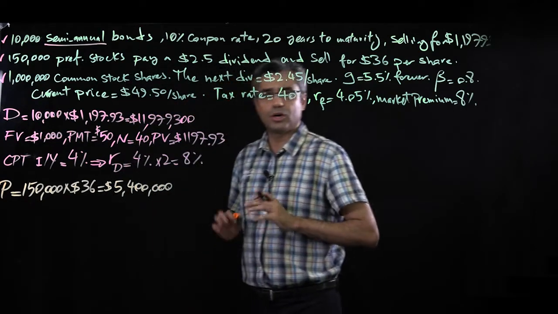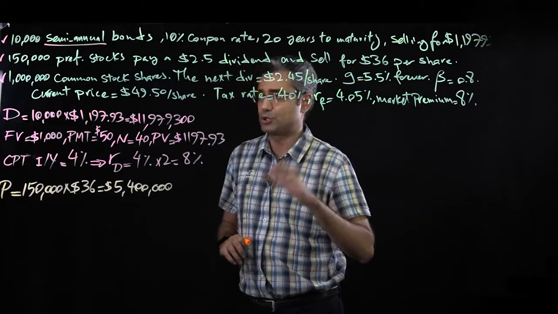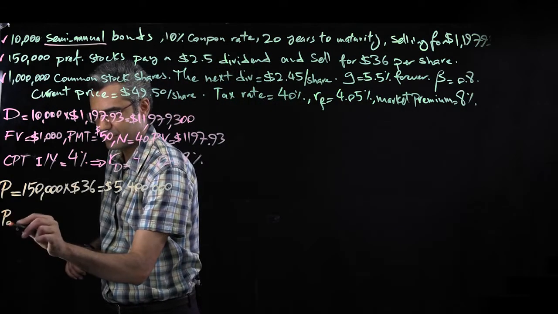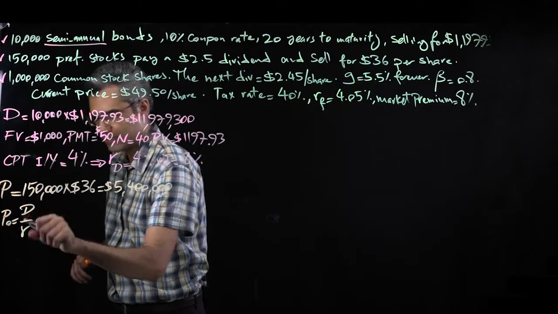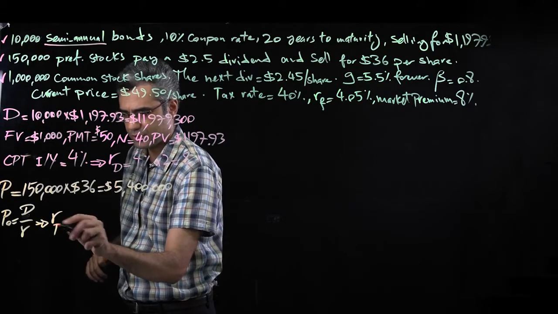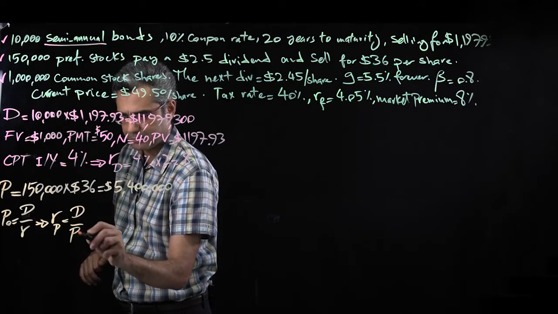Now, what's the cost of preferred stocks? We just need to compute the interest rate on preferred stocks. The formula to compute the price of preferred stocks is dividend divided by R, but here we are interested in computing R. So the cost of preferred stock is dividend divided by price.